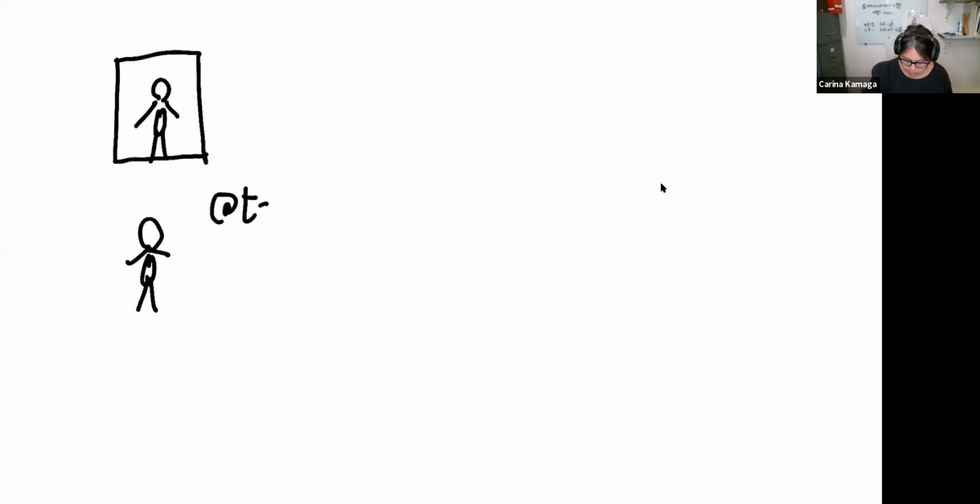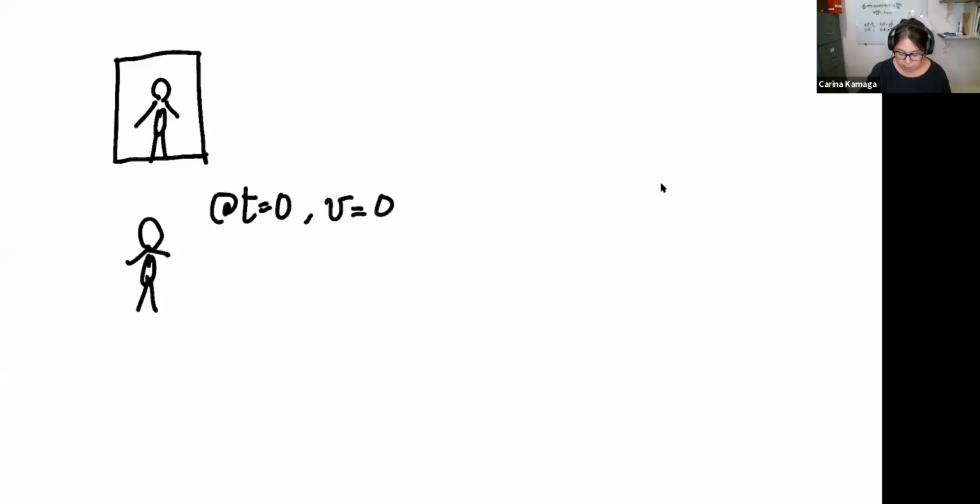At t equals 0, when you immediately fall out, your speed is 0. You start from rest. If the speed is 0, then there's no air resistance. You're not moving, so there's no air resistance.